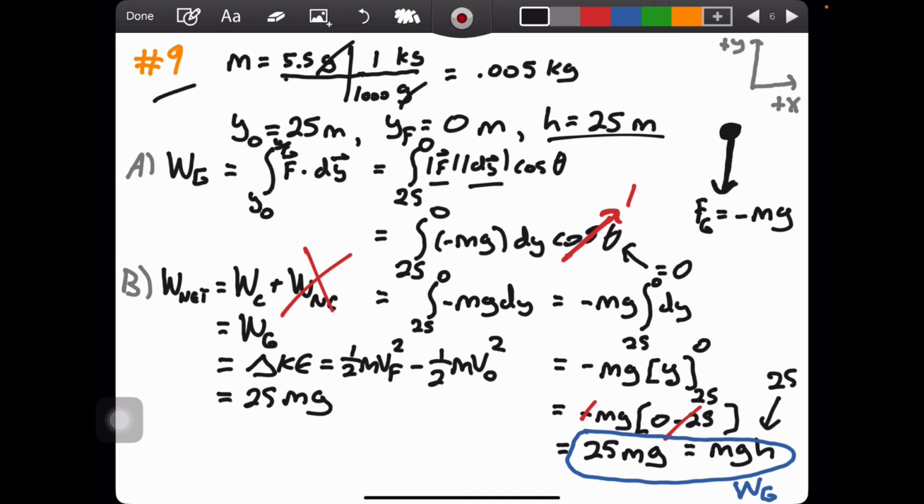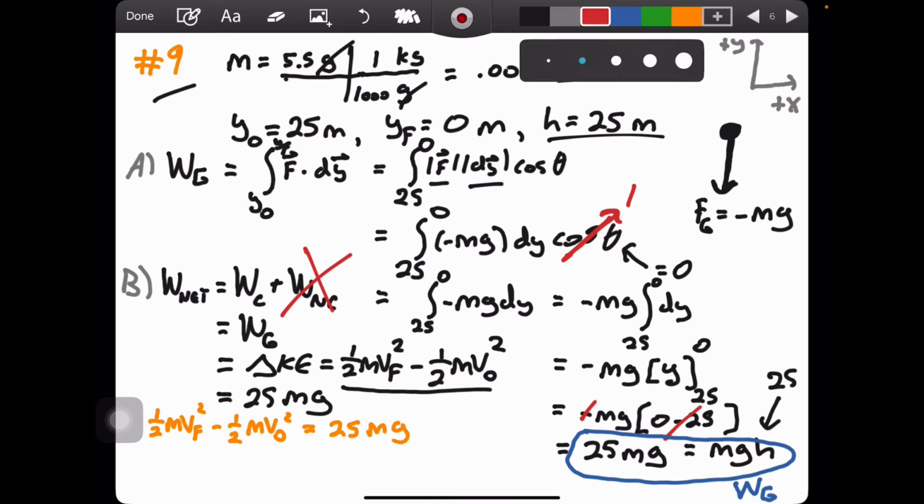That's equal to all of this stuff right here. Let's change colors. 1/2 mv final squared minus 1/2 mv initial squared equals 25 mg. We can do some simplification.